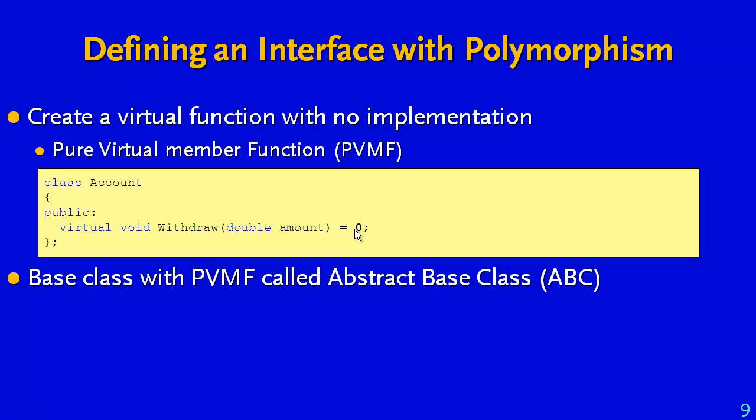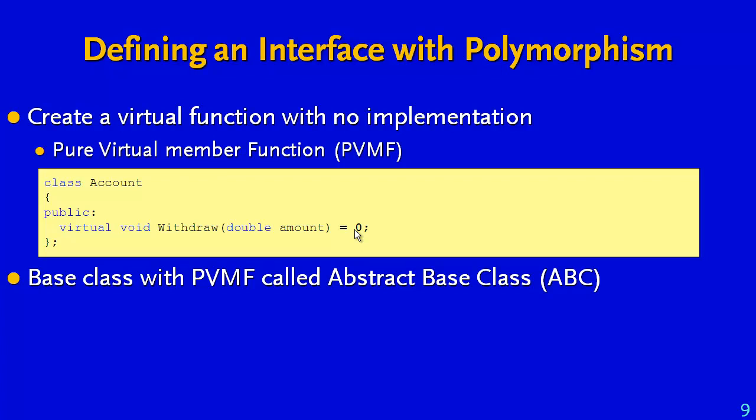So an abstract base class, as the account is now called, is one which has at least one pure virtual member function, of which this is an example. The consequences are that you cannot create an object of an account, because you can never call this function, because some of the functions are empty.